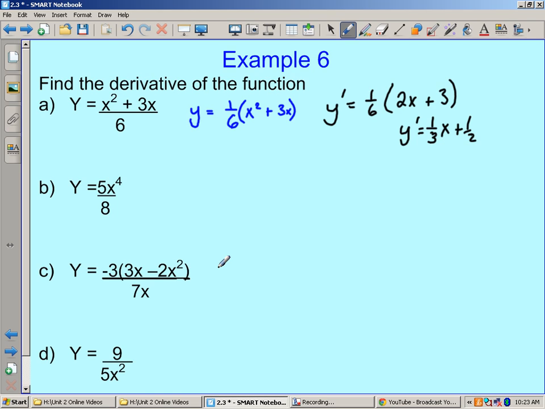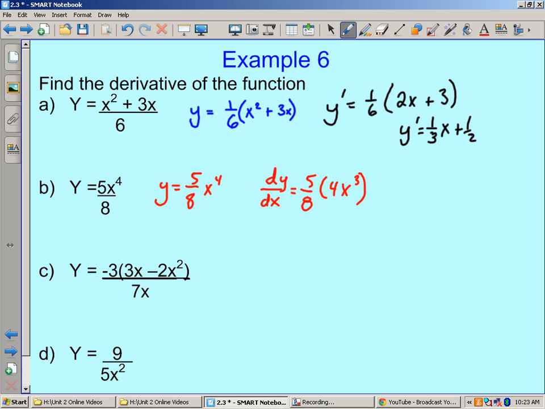So then the next one, same idea. Do I need to do a quotient rule? Well, no, I do not, because in this case 5/8 is just a fraction, just a constant multiple again. And so 5/8 times x to the 4th means that the 5/8 can be left alone when I take the derivative. So dy dx will equal, when I take the derivative of this, the 5/8 stays as it is, and I just get a nice little power rule, which is 4x cubed.